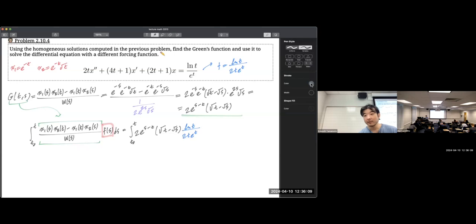Okay, the 2's cancel. And so you can pull out, this is an integral in ds, so there's this ds here.